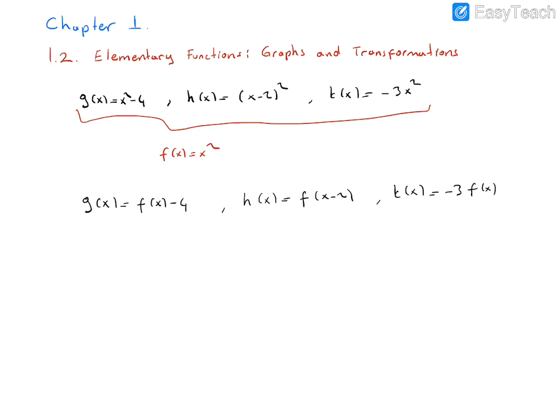In this section, we will see that the graphs of the functions g, h, and k are closely related to the graph of the function f of x equals x squared. Insight gained by understanding this relationship will help us analyze and interpret the graph of many different functions.